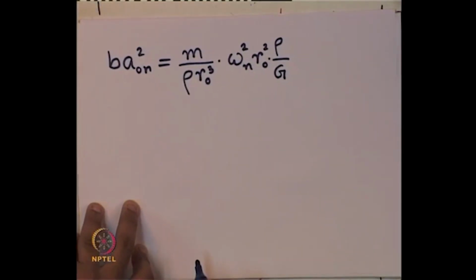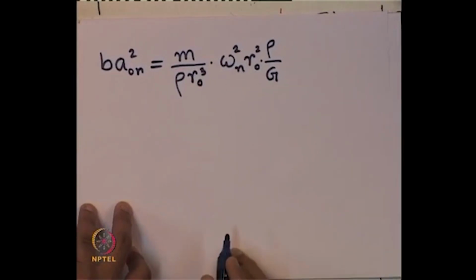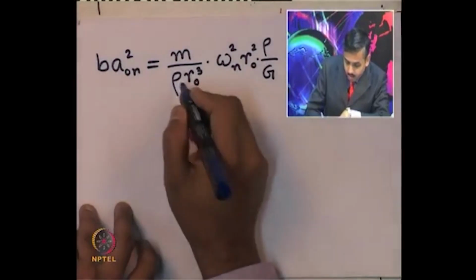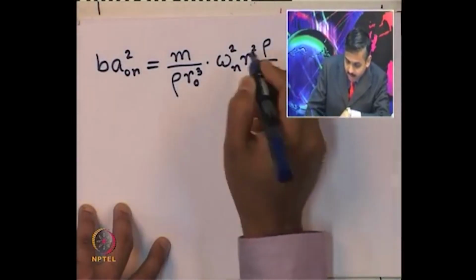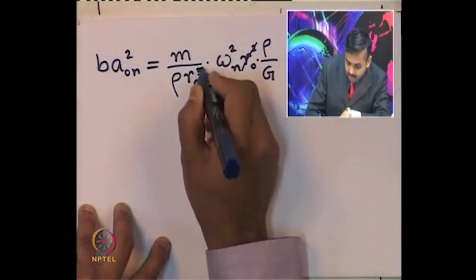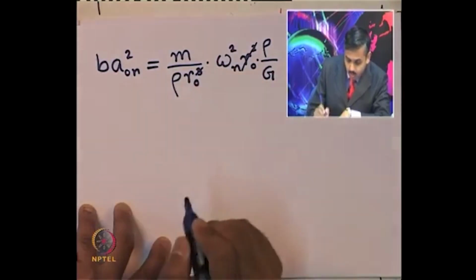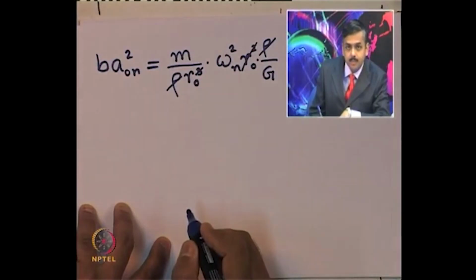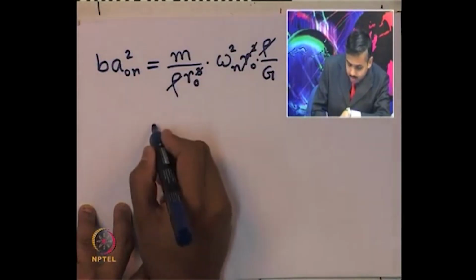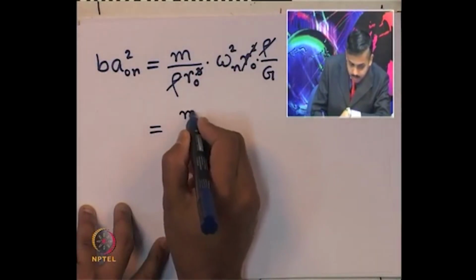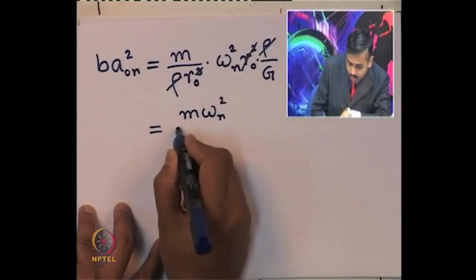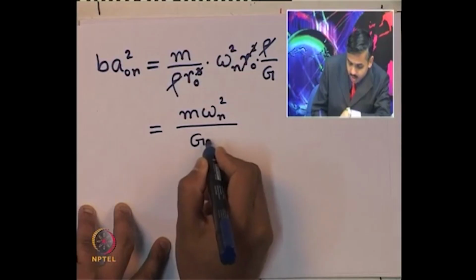So, this will be the expression of B times A naught n square. Now, in this case, this gets cancelled. I have only one R naught, rho gets cancelled. So, what we can write further? It is equal to m omega n square by G times R naught.